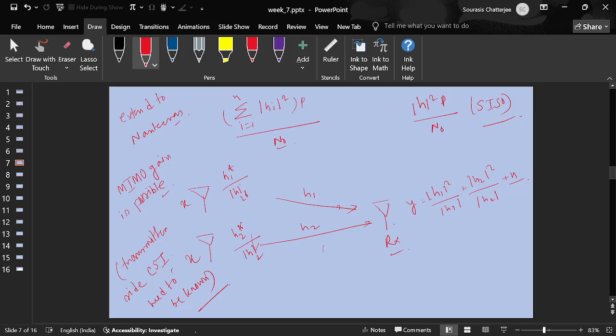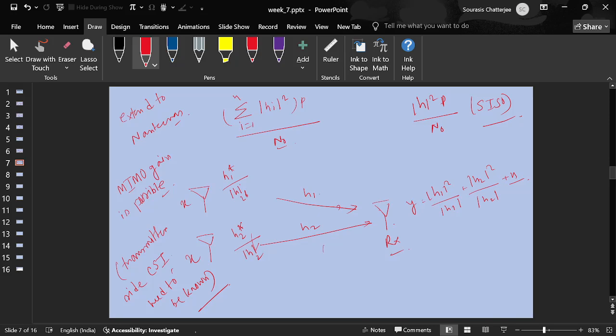So usually in the practical scenario, your base station is much more flexible, in the sense it can have many antennas, and it doesn't have much power constraint either. But the user is very constrained, be it in terms of power or antennas.